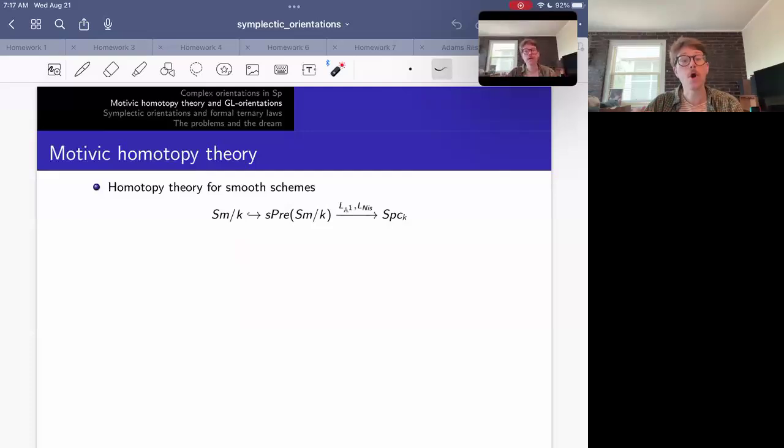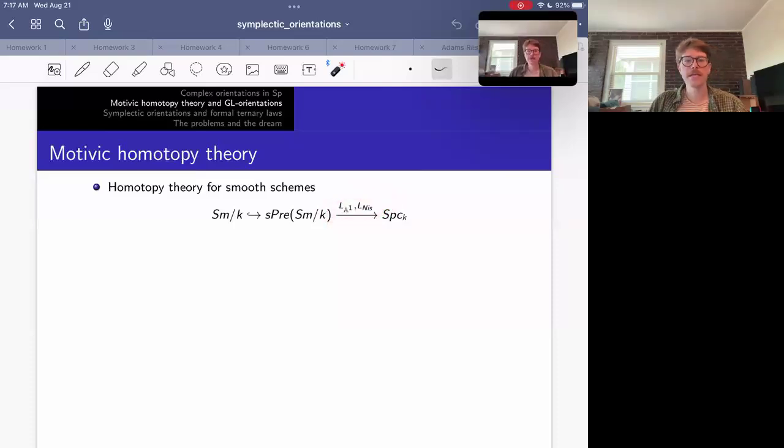It's called the free cocompletion of our category. This simplicial description, this little s right here, just lets us do a little bit more homotopy theory. A good way to think about this is that the presheaves on my smooth schemes aren't sets anymore, but types of spaces. Then we have these functors L_A1 and L_Nis.